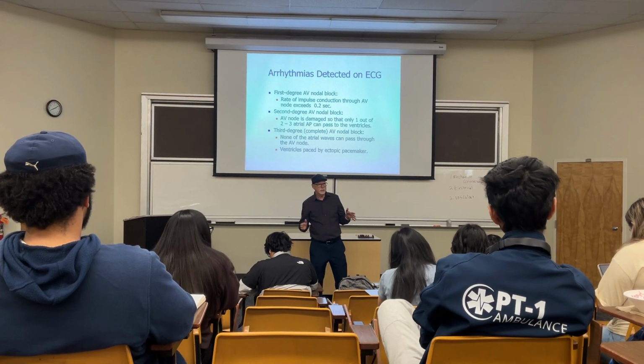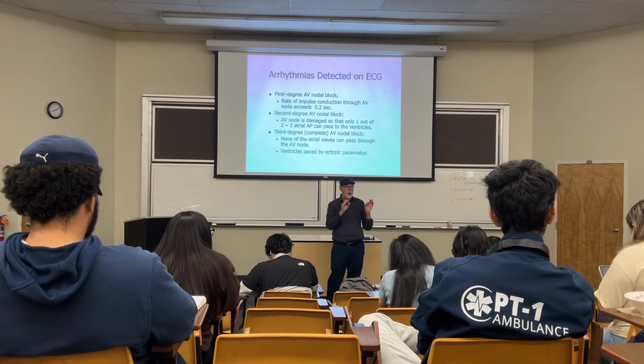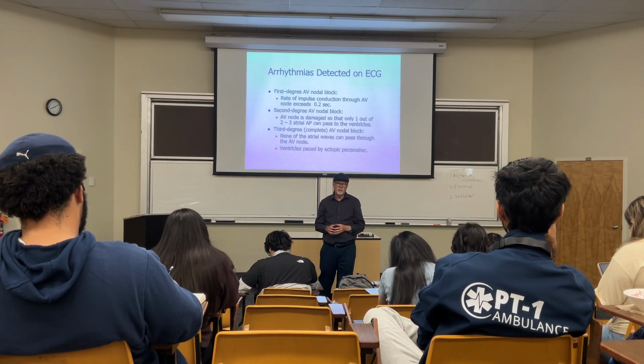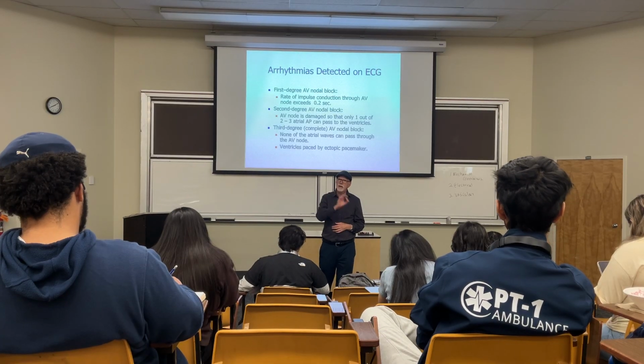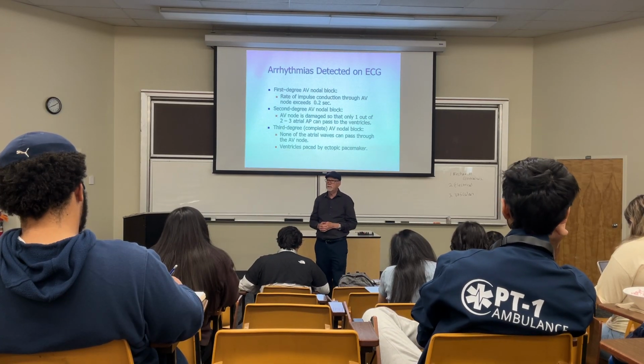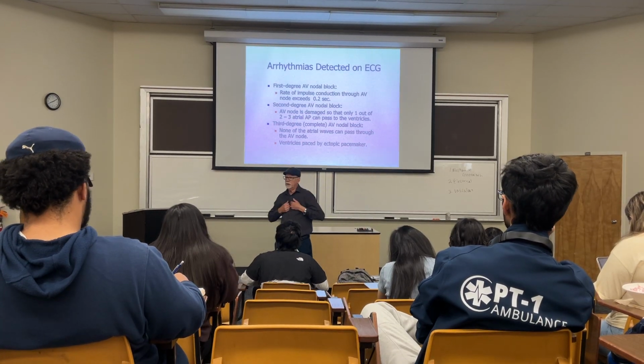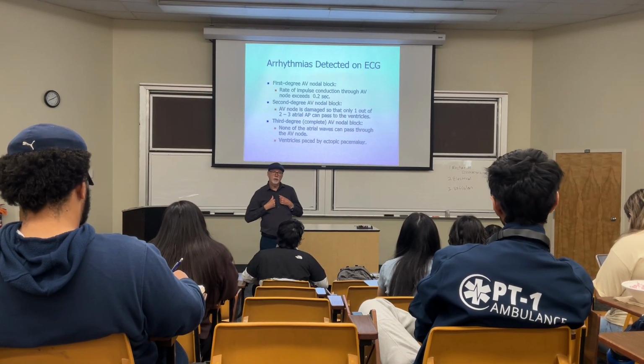Atrial fibrillation is one of the more common cardiac disorders that we see. We call it AFib for short, right? So if you have AFib, your atria are not contracting as a unit.